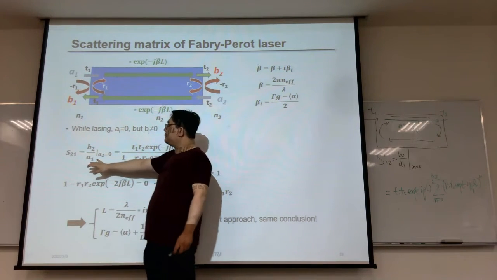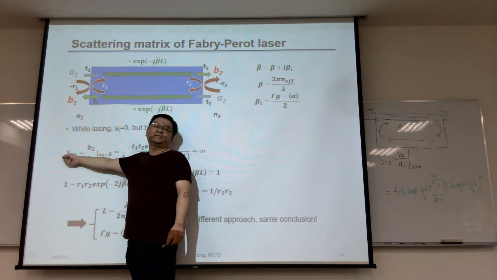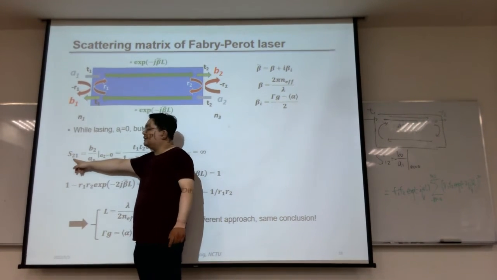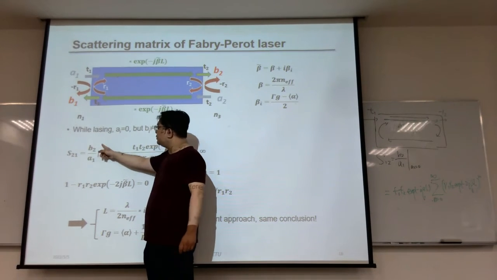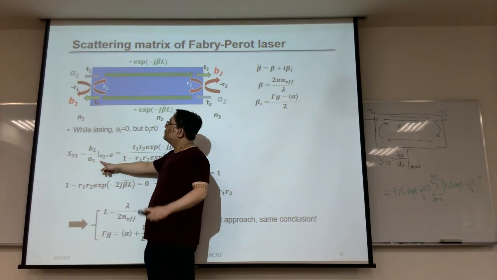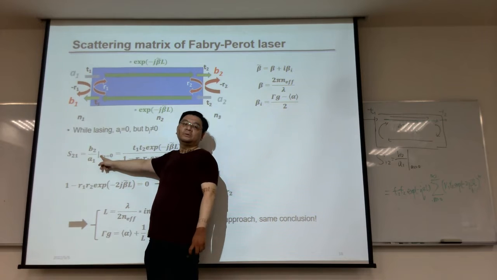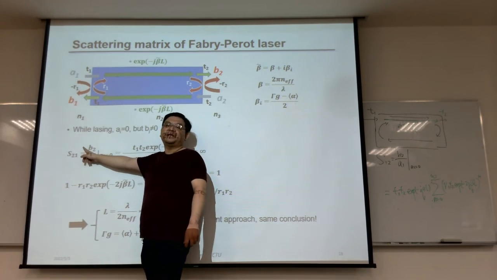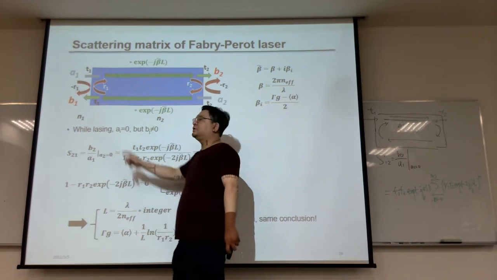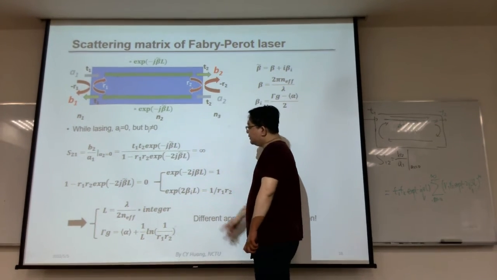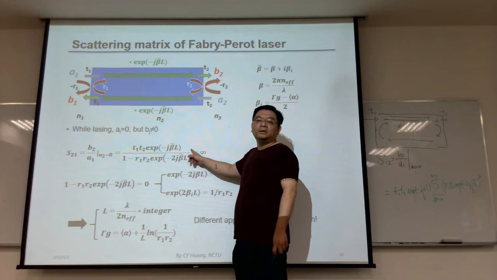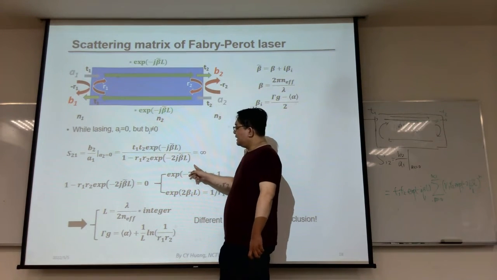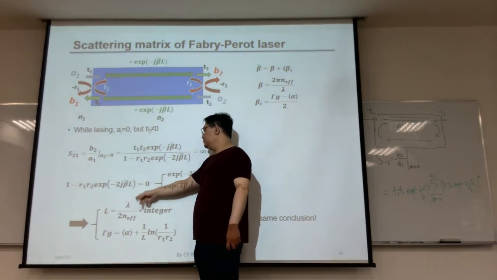If you read some papers, you will keep seeing S21. The S21 element is B2 divided by A1, but A1 is 0. That means S21 needs to become a pole, so this value needs to be infinity. So its denominator is equal to 0.